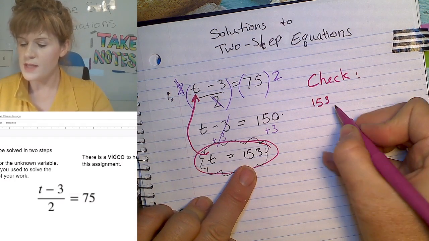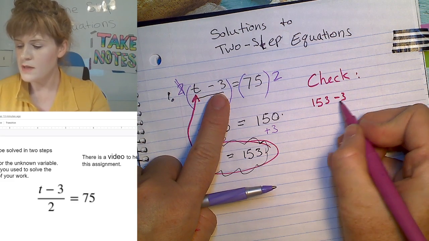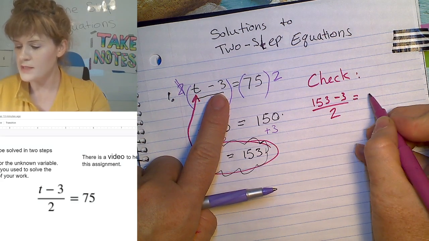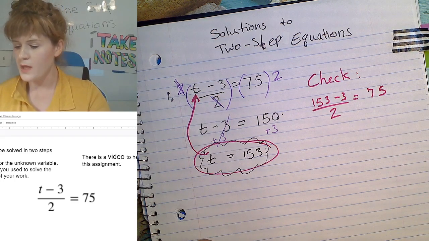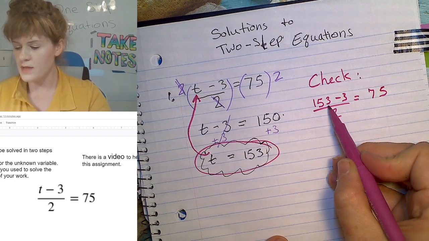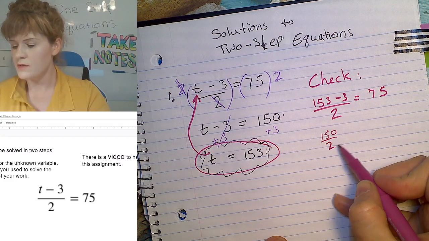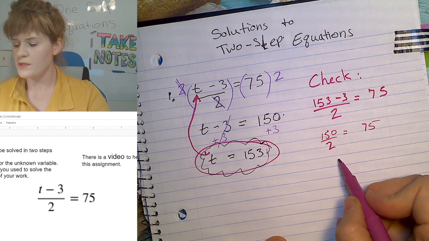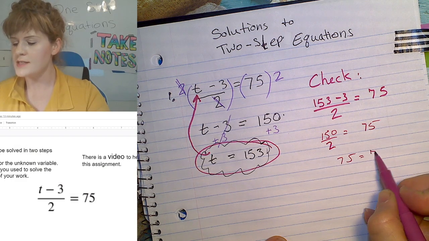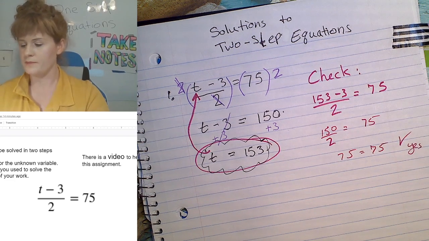So t equals 153. 153 minus 3 divided by 2 must be 75 if I solved it correctly. Okay, 153 minus 3 is 150. I'll show you each step of my solution. 150 over 2 is 75. Yes, it equals 75. So yes, I solved it correctly.